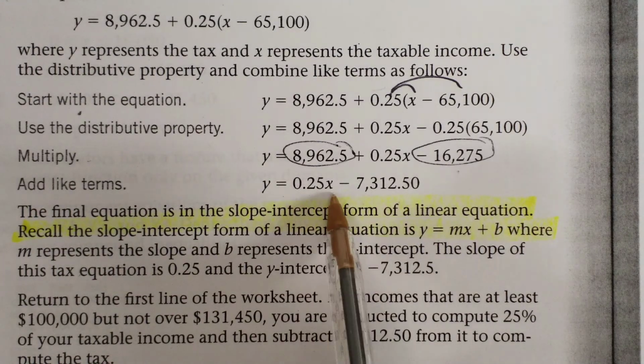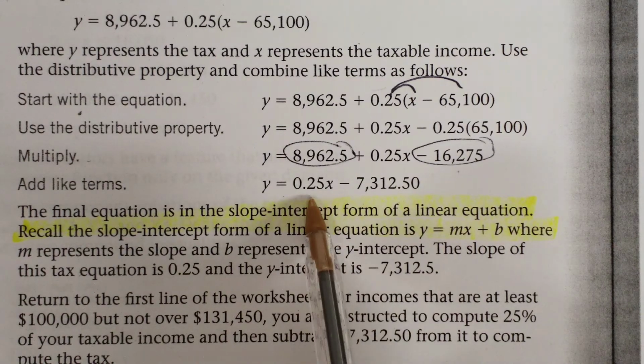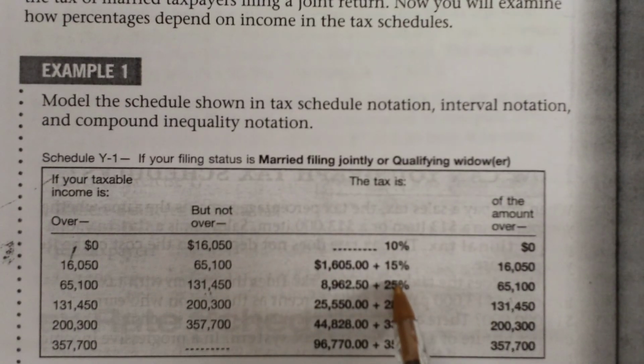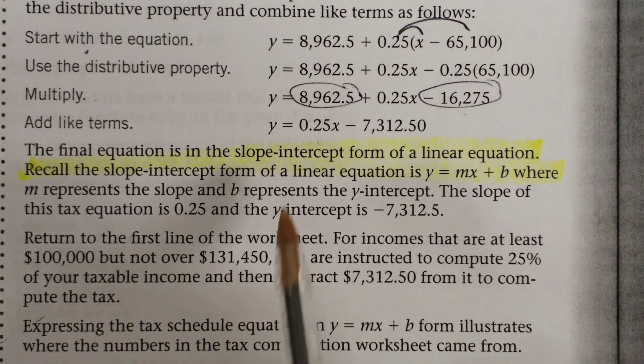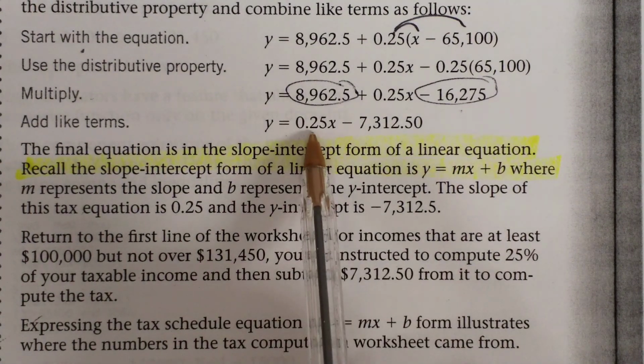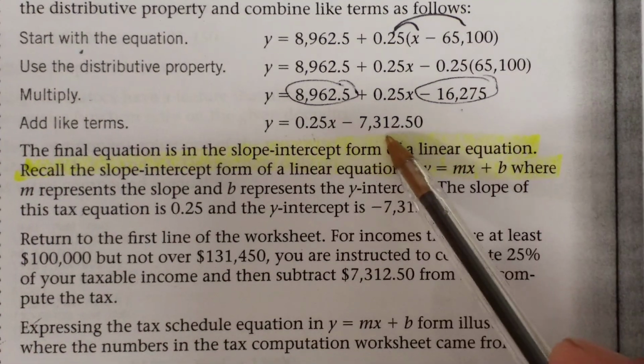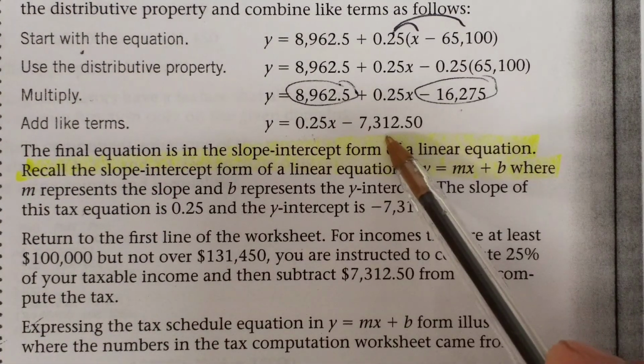y equals mx plus b, and m is the slope, and that represents the tax rate. If you look at the table, it was 25% of the tax rate. Okay, that's where that comes from. This 73,150 is the amount that we would subtract.